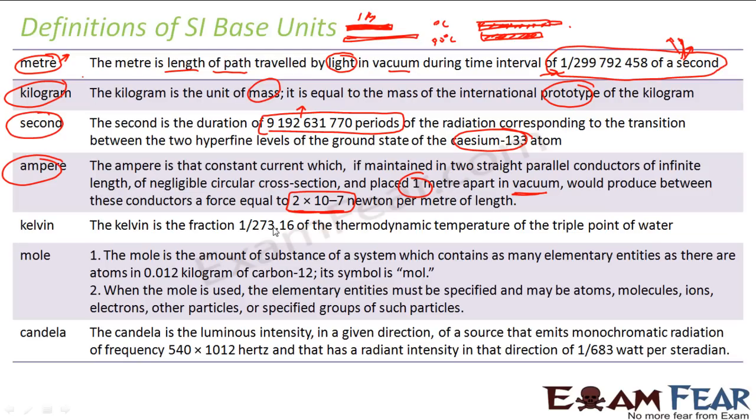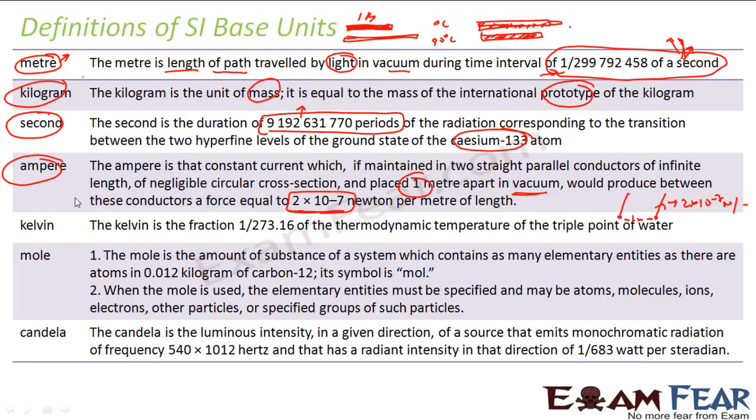So if you have two conductors of infinite length and negligible circular cross section, very, very thin, placed 1 meter apart, and you produce a force of 2 into 10 to the power minus 7 Newton per meter of length on these conductors, the amount of current that is produced in this, that is 1 ampere, and that's the standard definition of the ampere.